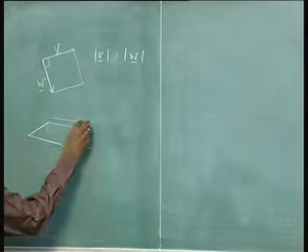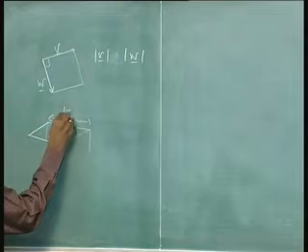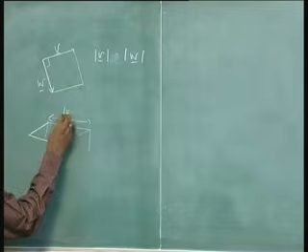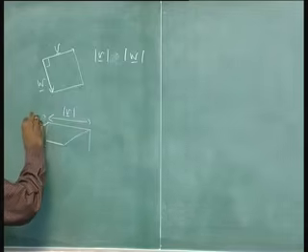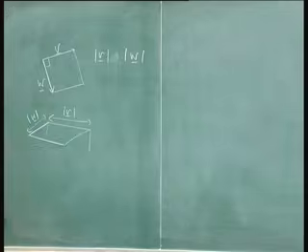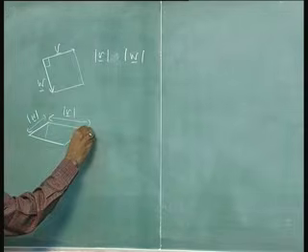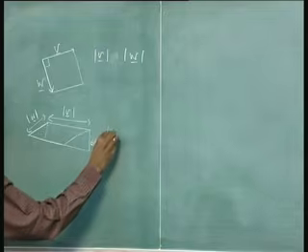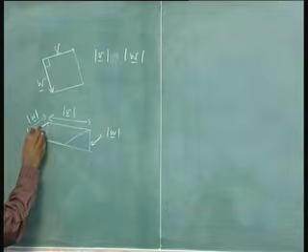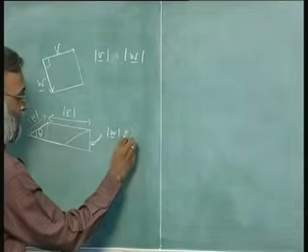So, this distance is the magnitude, we will call it V. This distance is the magnitude W, but this height is magnitude W sin theta.